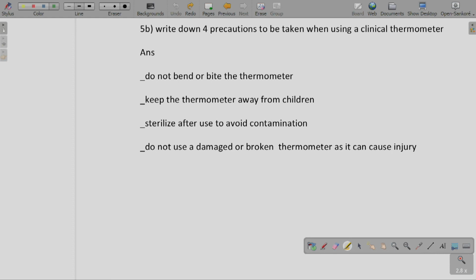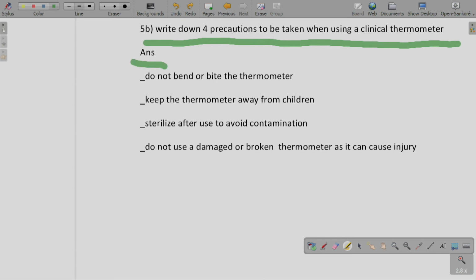Okay, let's look at the last question for today's session, and it says, write down 4 precautions to be taken when using a clinical thermometer. You are using your clinical thermometer. What are the 4 precautions that should be taken? And the answer is, do not bend or bite the thermometer.